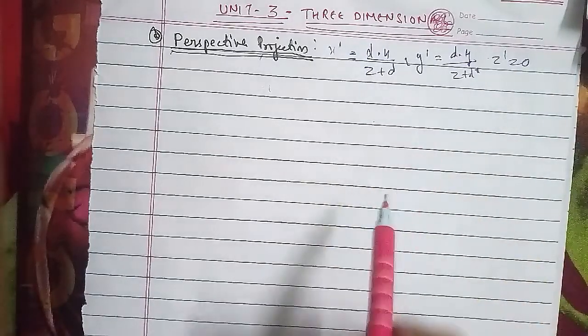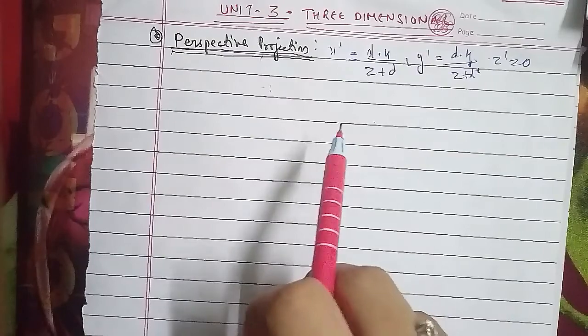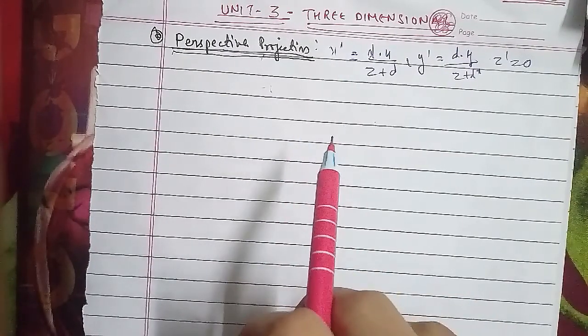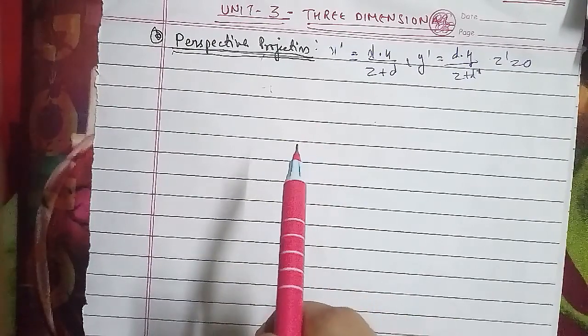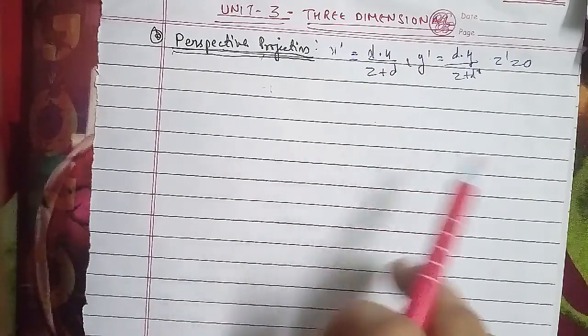The perspective projection transformation between the object and the image point is non-linear and cannot be represented as a 3x3 matrix transformation. If we use homogeneous coordinates, the perspective transformation can be represented as a 4x4 matrix.